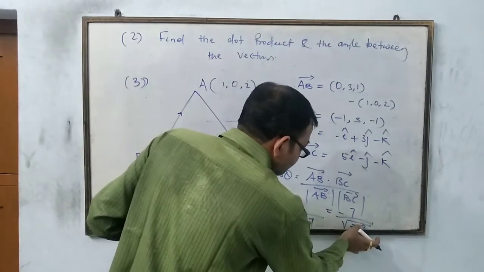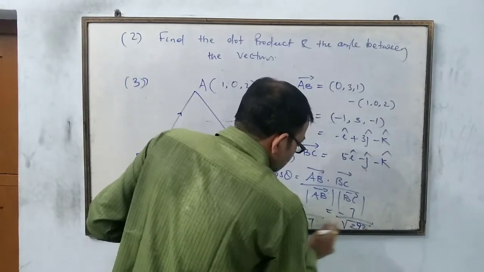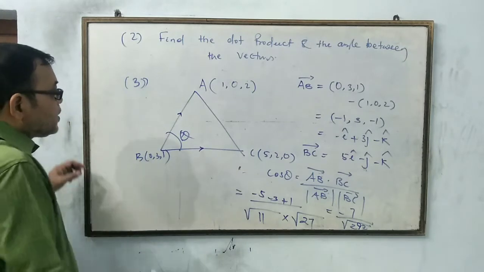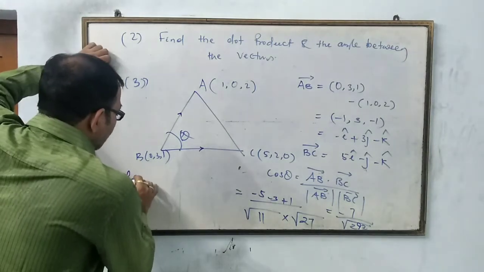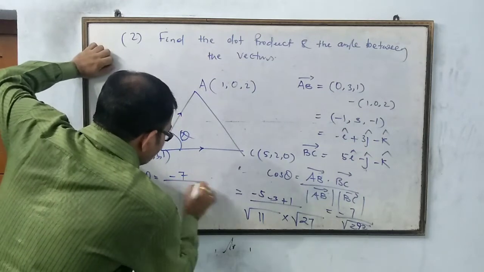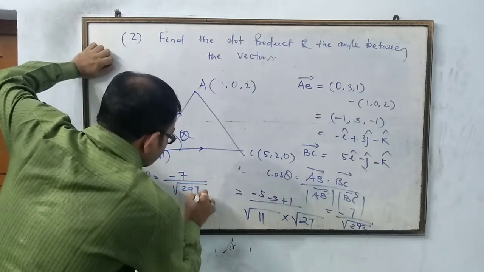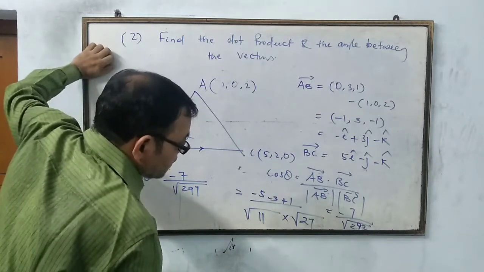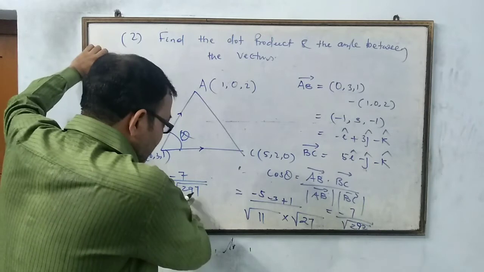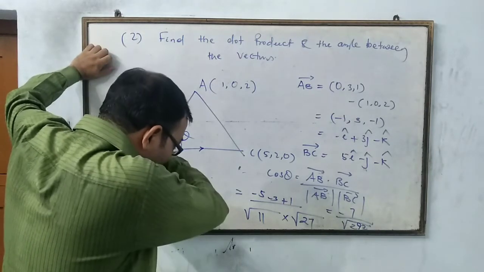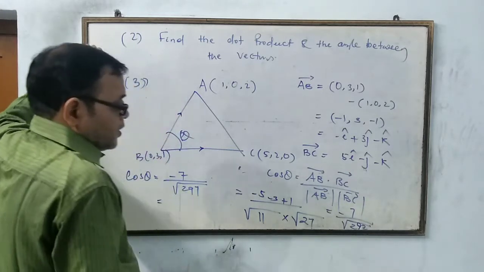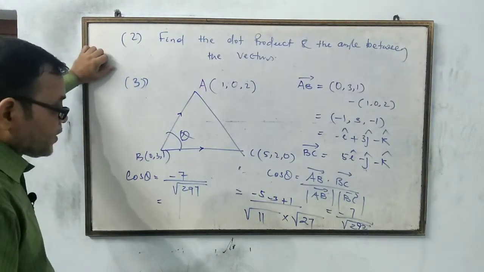297. You can simplify here also, it is 3 root 33. We can write it, there is no problem. So cos theta is equal to minus 7 by root over 297. Root over 297, I can write as root 9 into 33, that is 3 root over 33.